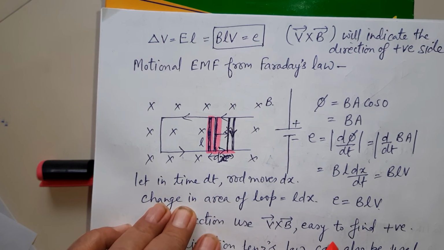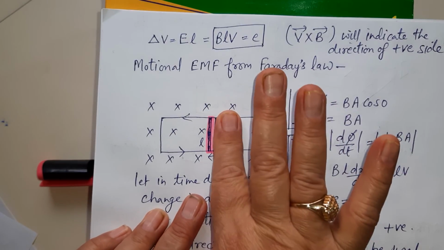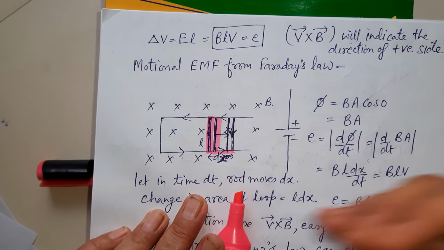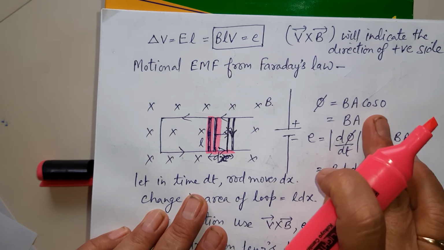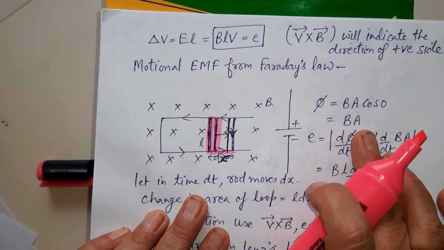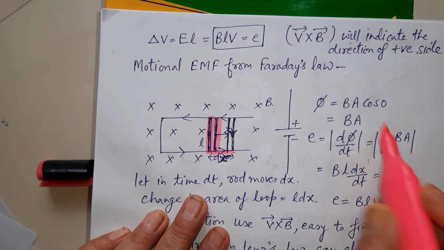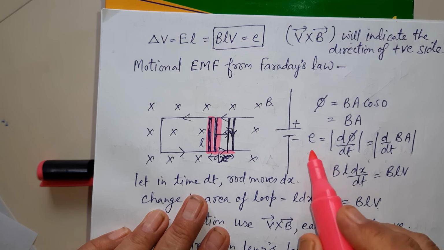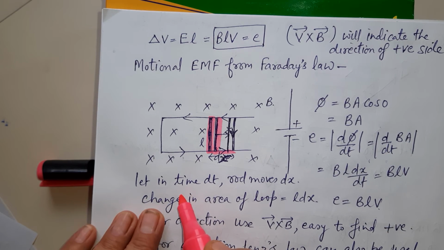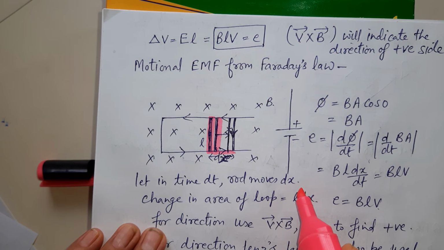So in a time, the flux is BA cos 0, because here the area vector and magnetic field are both parallel, so the angle is 0. So flux is BA. EMF is equal to d phi by dt. Phi is BA, so we get EMF equal to d by dt of BA. Let in time dt the rod move a distance dx.